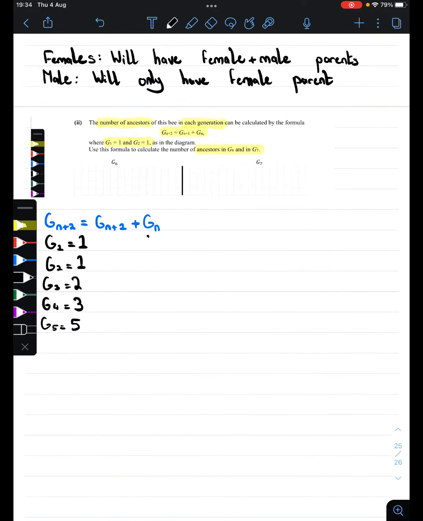Okay, let's try and calculate G6. G6 will equal G5 plus G4, so 5 plus 3. So G6 equals 8.